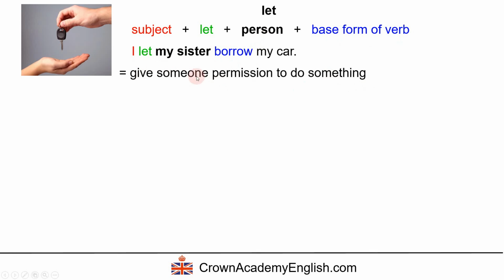So this means I gave permission, or I give permission, because this could be the present simple, or it could be the past simple. So let's say it's the past simple, I let. So this means I gave permission to my sister to borrow my car. Okay, I allowed her to borrow my car.